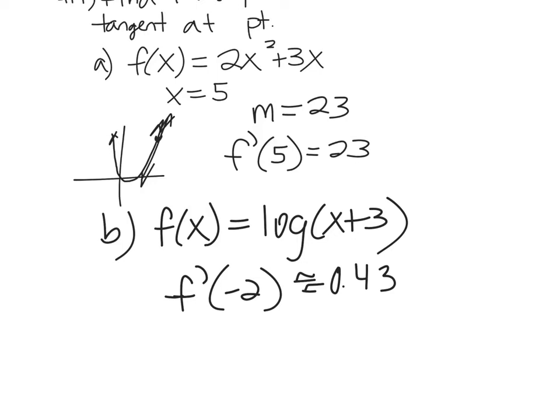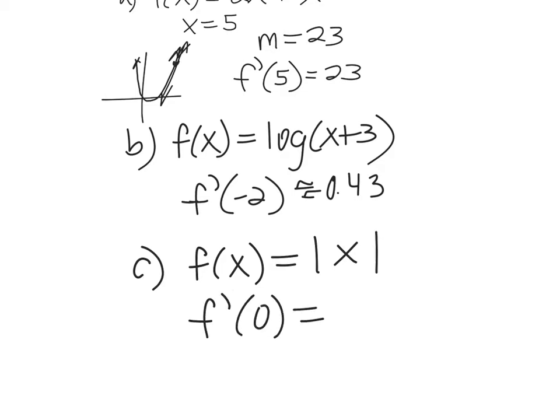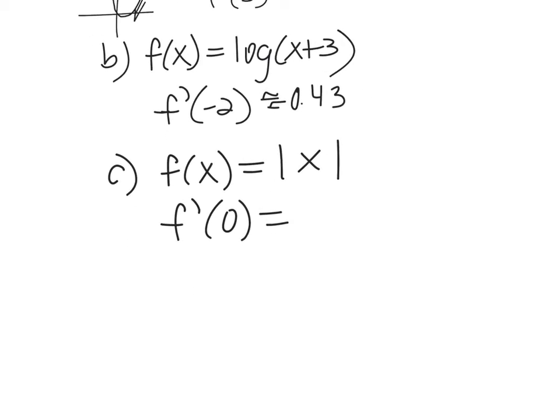Did you get that? Now your calculator, it lies to you. It does. It's wrong. At least mine's wrong. Maybe the new ones aren't. But let's have f of x equals the absolute value of x, and let's find f prime of 0. Now, that's a problem. Because what happens at 0 on this graph? There's a corner. Is it differentiable at corners?